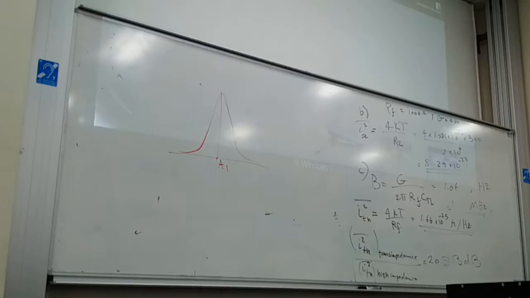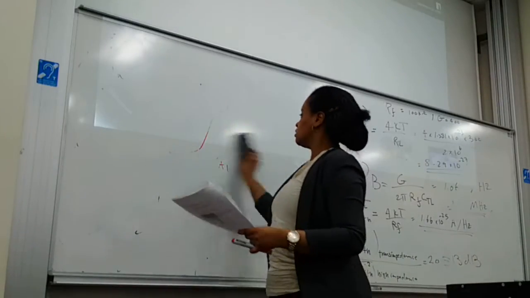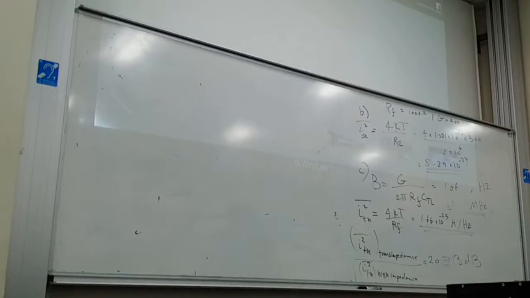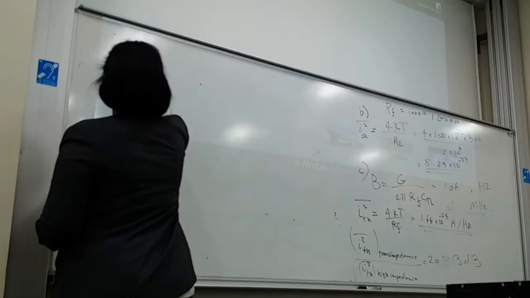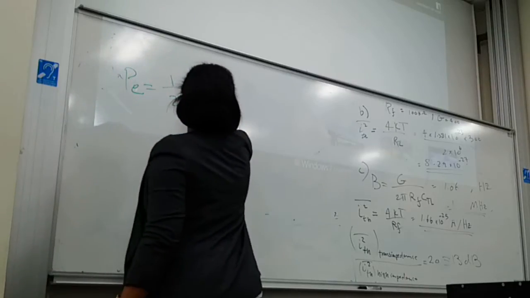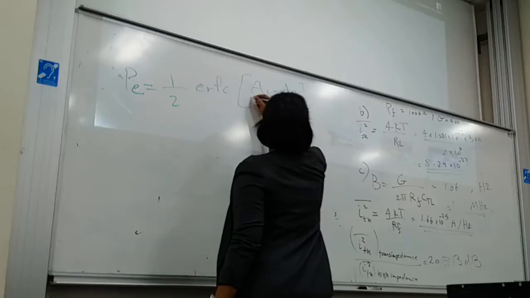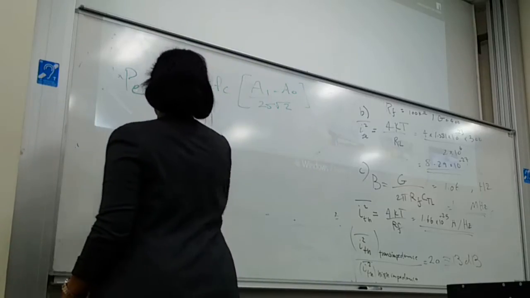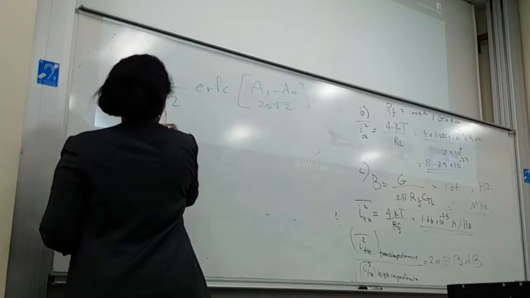And they're telling us there is no signal at logic 0, so A0 is 0.